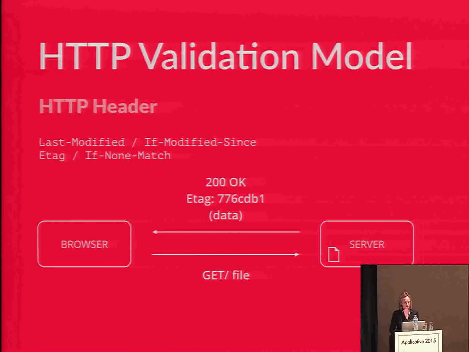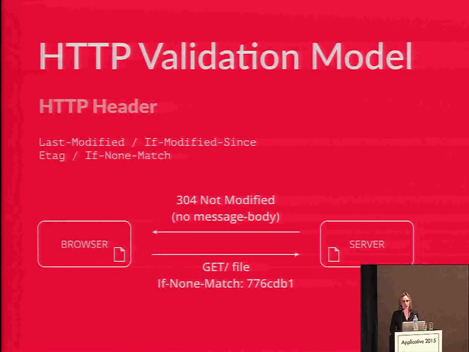So how does that work? When your user goes to your website for the first time, the browser is going to request a file and get it back from the server with an ETag on it, like a mark, a hash. The second time, because your user is going to come back to your website, it's a great website, the browser has the resource in its cache, but it needs to validate the cache state. So it's going to do a conditional GET request.